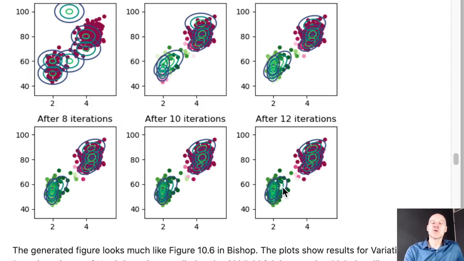This variational inference is also what is behind probabilistic programming. And since we're at the university, I think we need to know what goes on behind the scenes, so we don't just use the toolbox, but we actually want to know how it works.